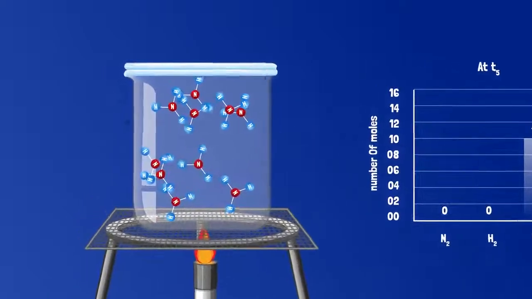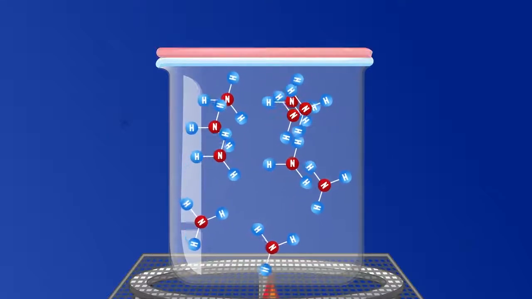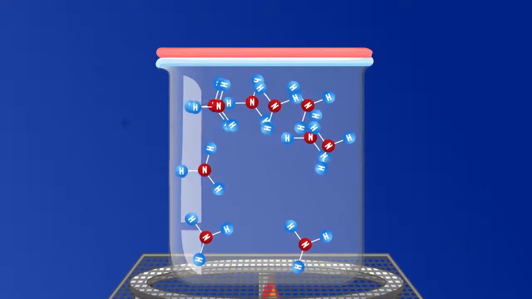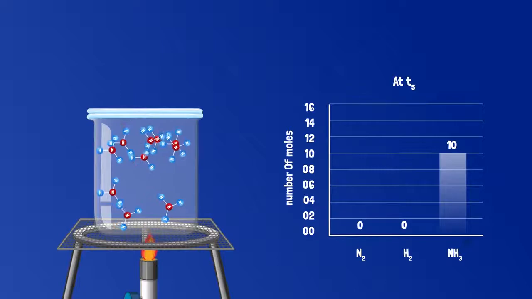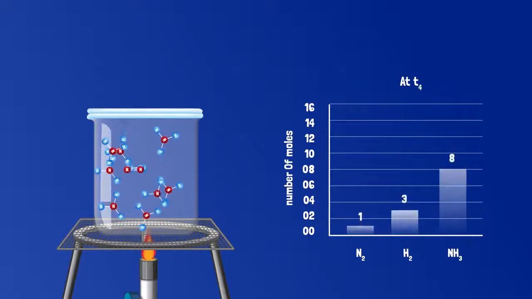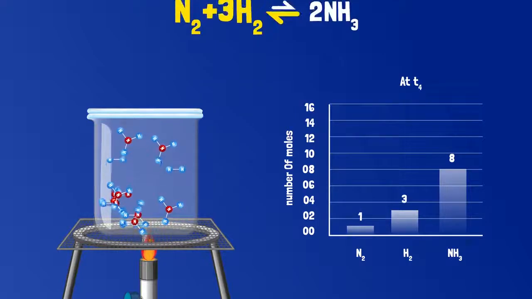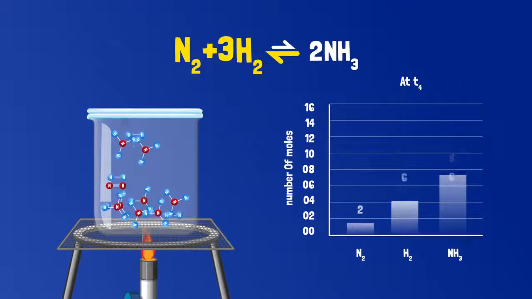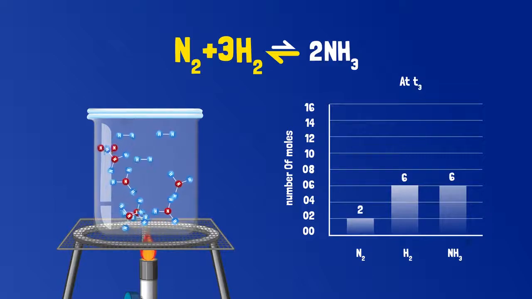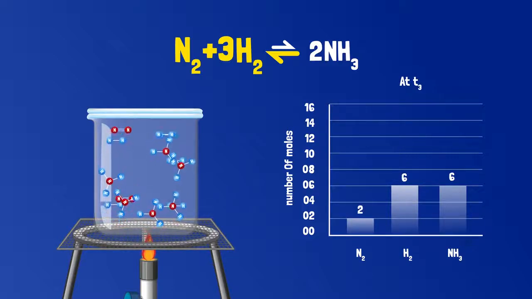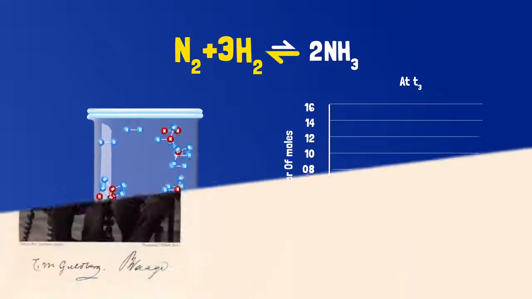But notice that this reaction is reversible and occurs in a closed container. At some point, the molecules of ammonia will begin decomposing into molecules of nitrogen and hydrogen, and the rate of reverse reaction will also begin to rise. But how do we calculate these rates?